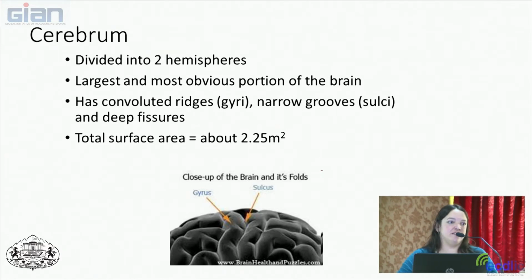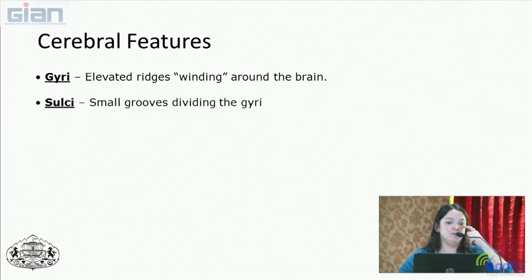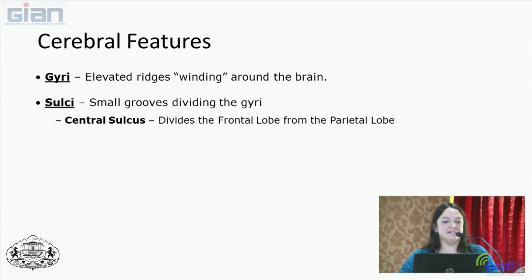So that's the way I think of the brain, trying to get as much surface space as possible into a smaller place. Okay. So again, we have the gyri, which are the ridges in the folds, and the sulci, which are the grooves, actually the folded down pieces.